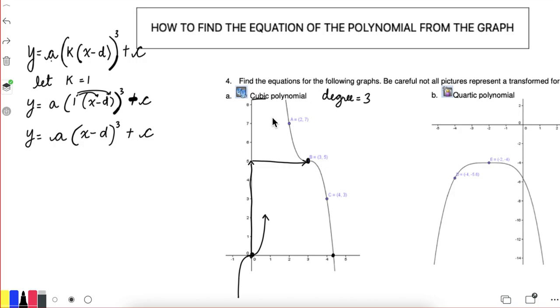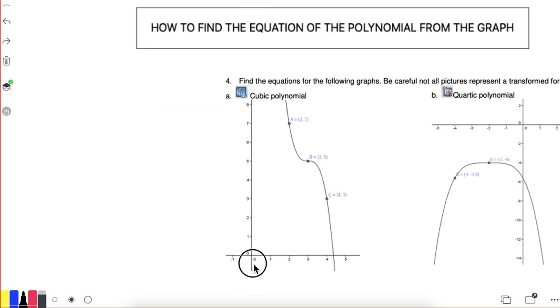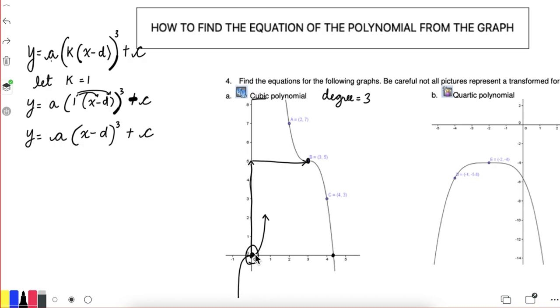Now, finding d and c. What are the d and c values here? d means shifting the graph right or left. If we shift the graph to the right, it's a positive number, but if we shift it to the left, it's a negative number. Notice this point right over there: we shifted up by 5 units, then moved to the right by 3.